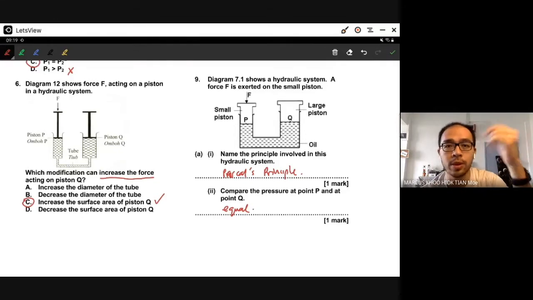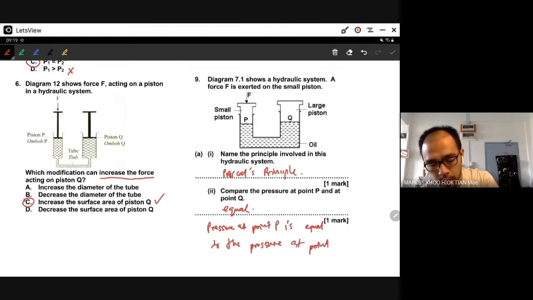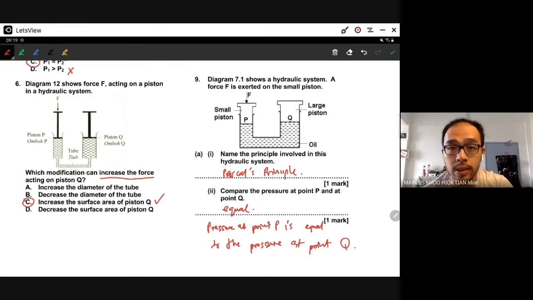A sample answer will be: the pressure at point P is equal to the pressure at point Q. I would always recommend everybody to answer in full sentences. When we do exercises like this and you just write equal, no problem.